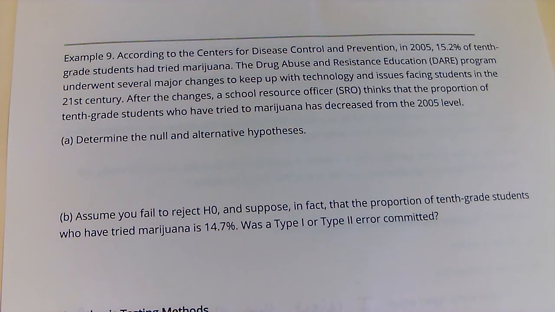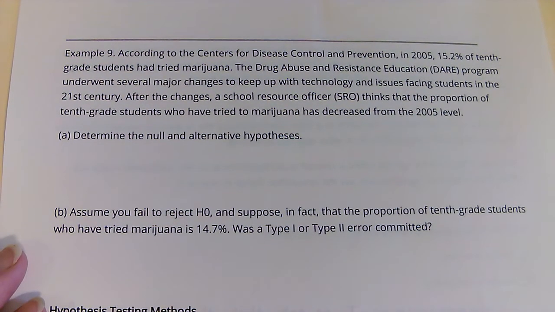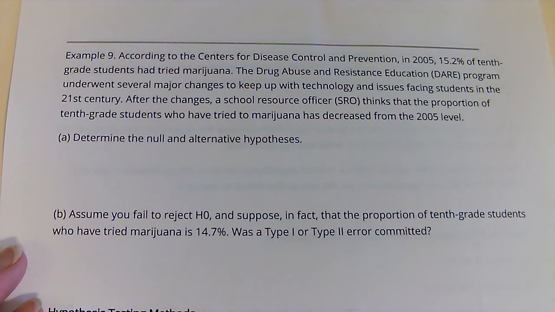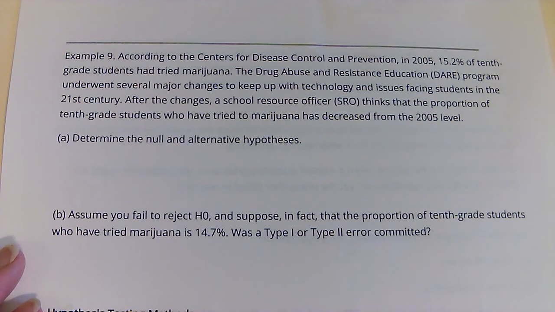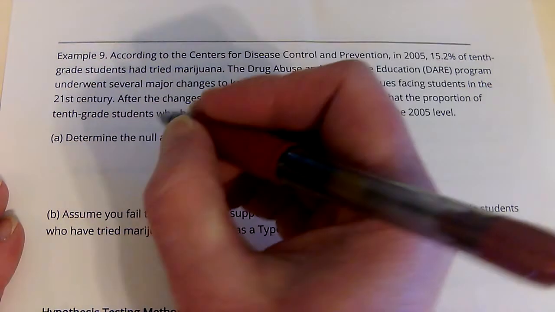According to the Centers for Disease Control and Prevention, in 2005, 15.2% of 10th graders had tried marijuana. The Drug Abuse and Resistance Education DARE program underwent several major changes to keep up with technology and issues facing students in the 21st century. After the changes, a school resource officer thinks the proportion of 10th graders who tried marijuana has decreased from the 2005 level.